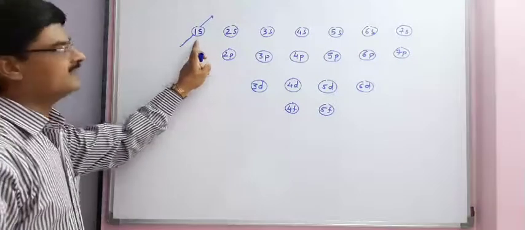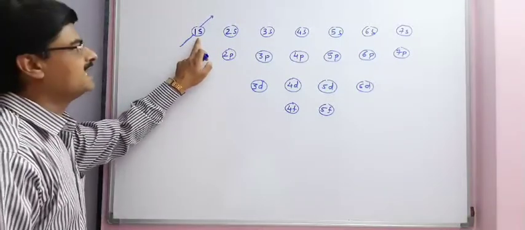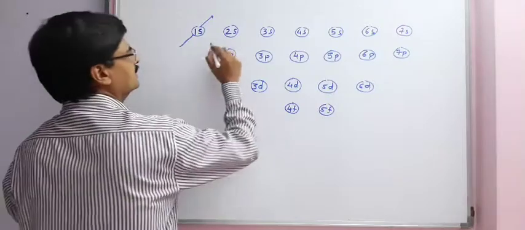From this we can say electron first will enter into 1s orbital.